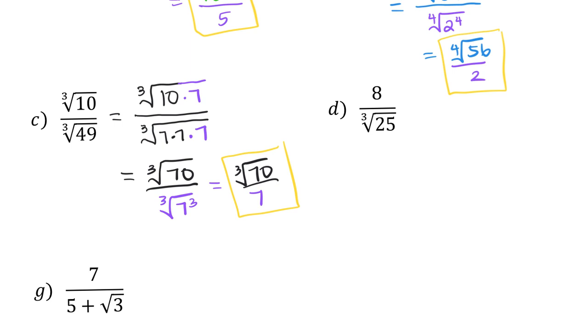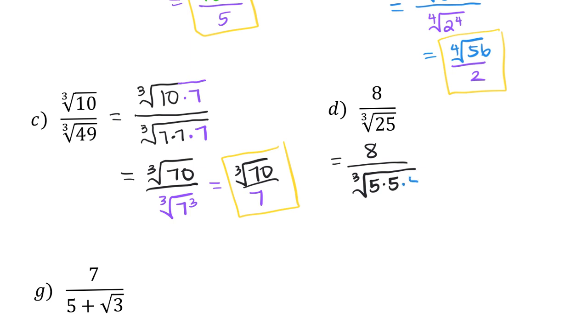Okay, let's try D. 8 over third root of 25. Can't divide it. There's a radical at the bottom. The 25, just staring at it, I know it's 5 times 5. So let's rewrite it. Or you could write 5 to the second. I want it to be 5 to the third at the bottom. How many more 5s?